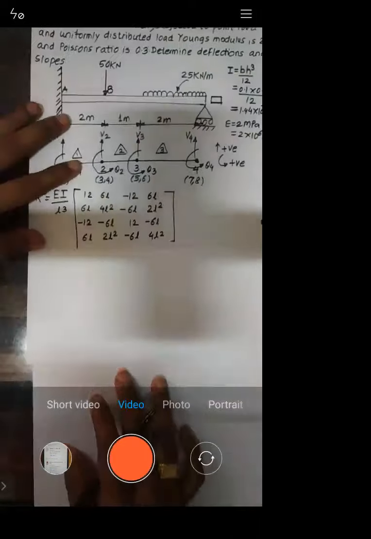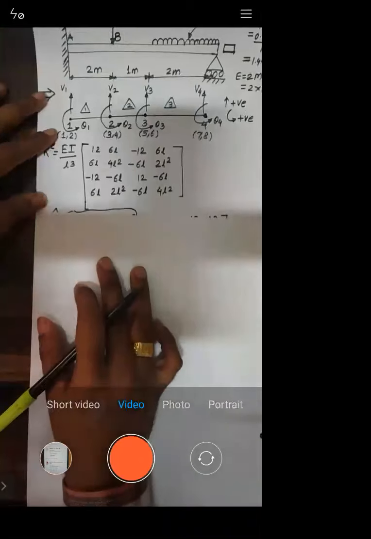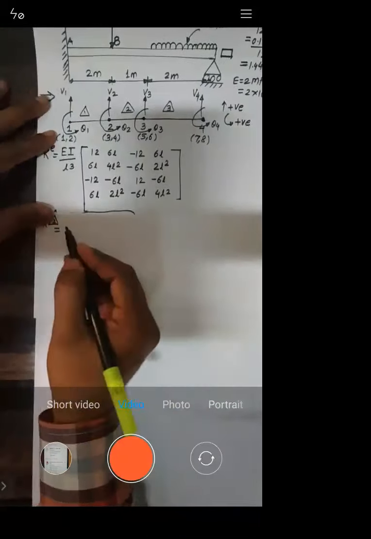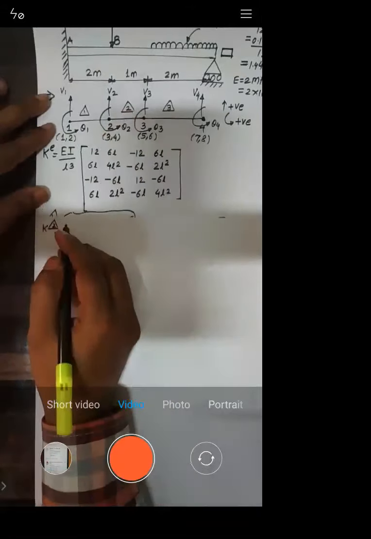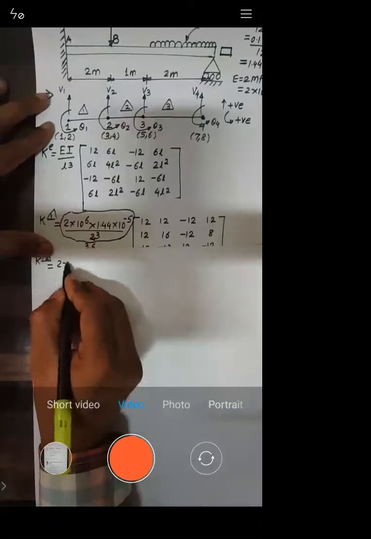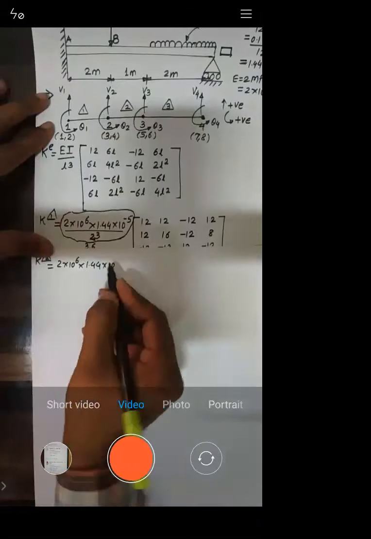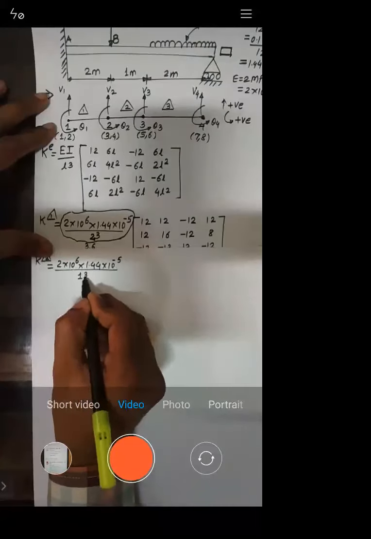So I will write down the stiffness matrix for element number 2. How should I do that? E and I are the same. E is 2 into 10 raised to power 6. I is 1.44 into 10 raised to power minus 5. EI by the length of the element, it is 1 cube.